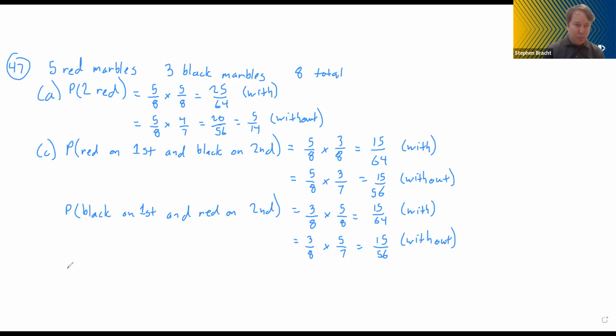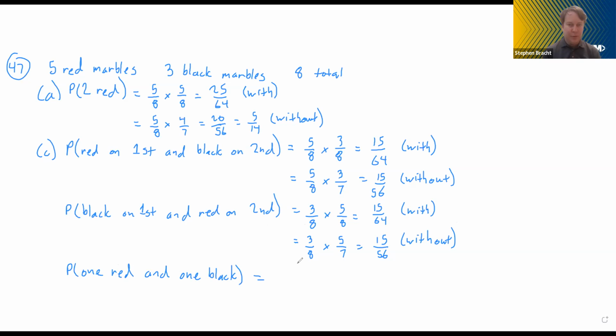So the overall probability of getting 1 red and 1 black is going to be this probability or this, right? It's basically going to be the union.